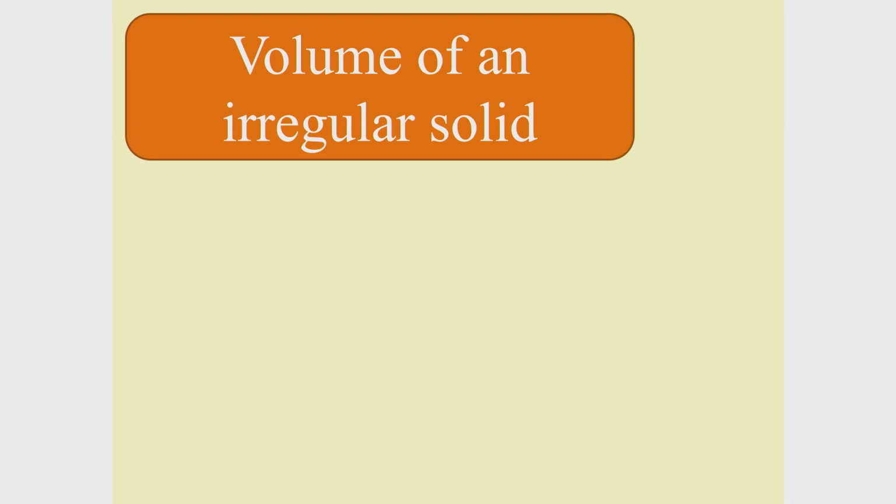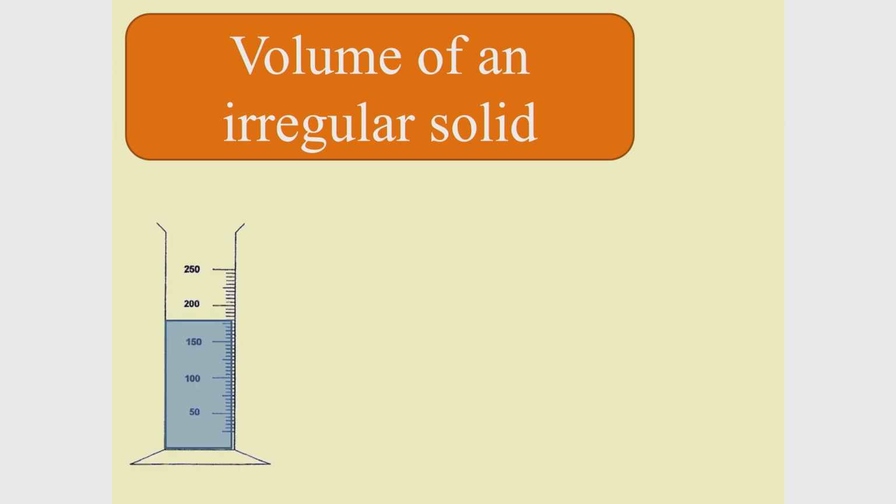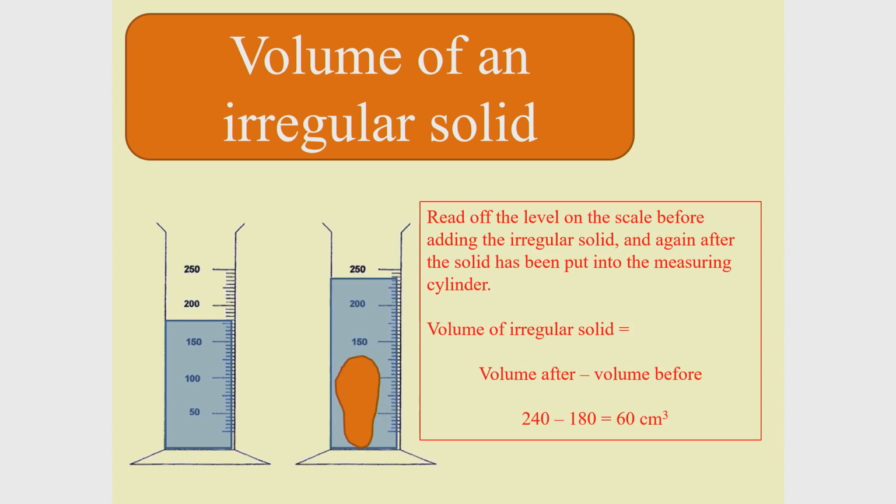Let us now see how we measure the volume of an irregular solid. First of all, our measuring cylinder with a certain amount of water is placed on a flat horizontal surface and its volume recorded. Here it is 180 centimeter cube.